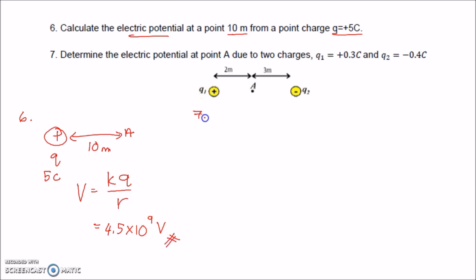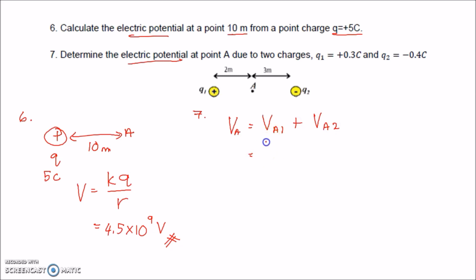For question 7, determine the electric potential at point A due to the two charges Q1 and Q2. Since there are two point charges, we need to find the resultant electric potential. V at point A equals V at point A due to charge Q1 plus V at point A due to charge Q2.